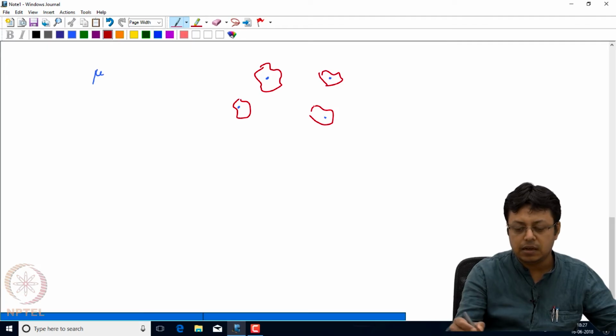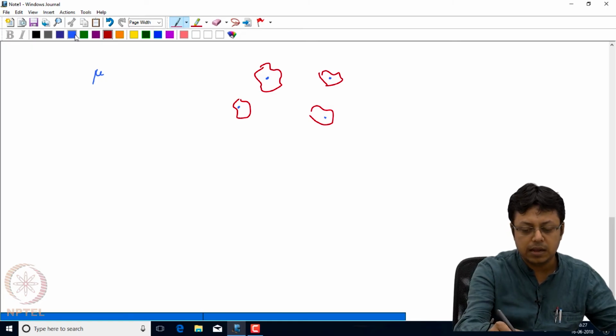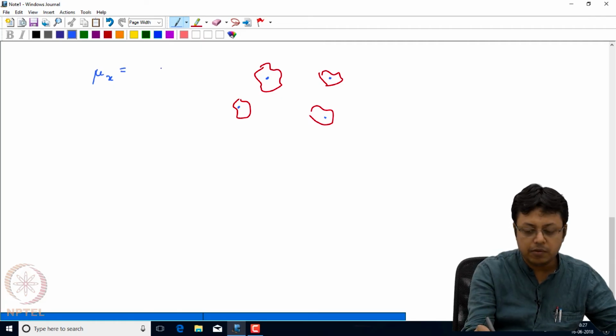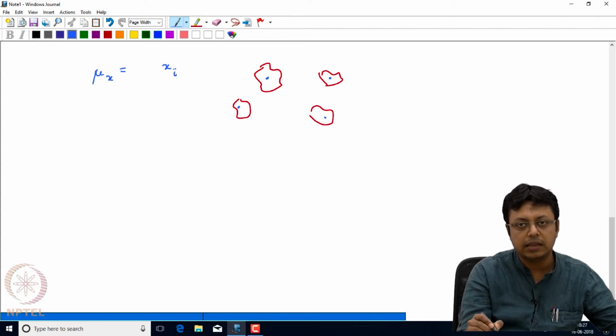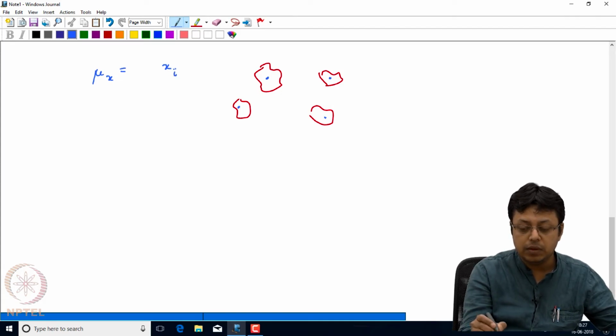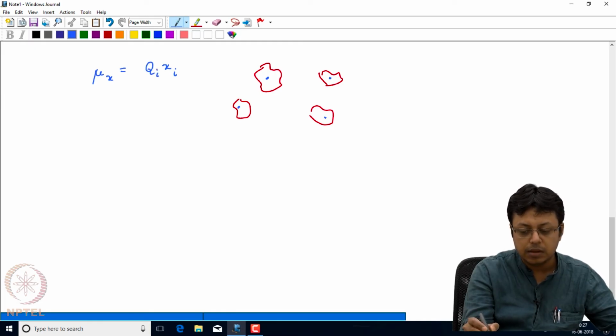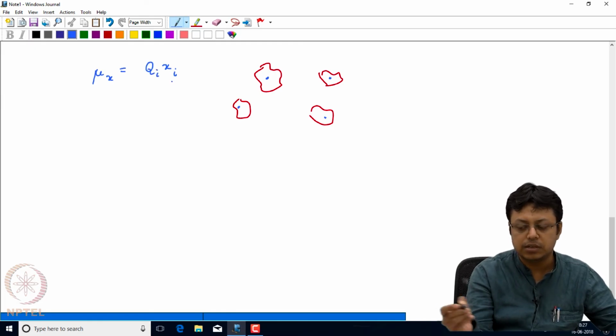and each atom has some electron density around it, and so some charge. Then we can ask, what is the x component of the dipole moment? We have to find the position of each atom. Suppose I write the ith atom's position as xi, and we associate the partial charge with this ith atom, and this position is with respect to some origin.